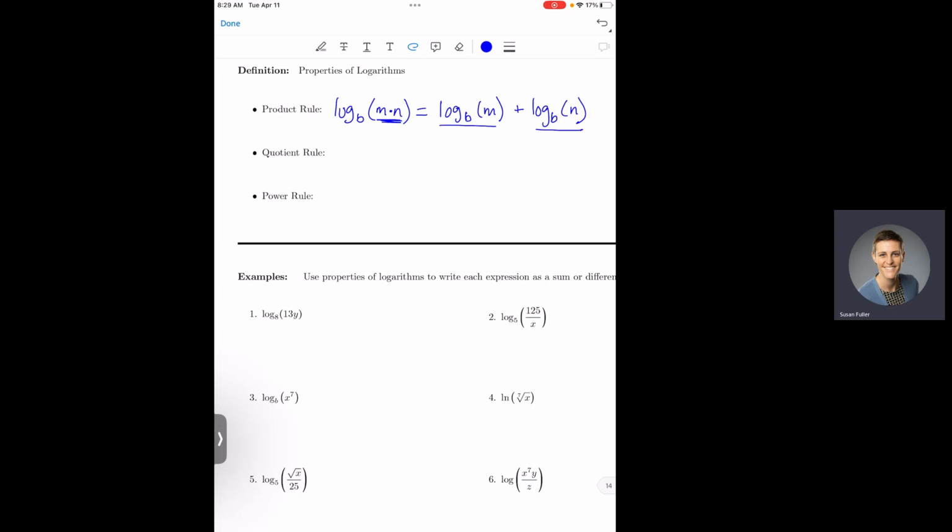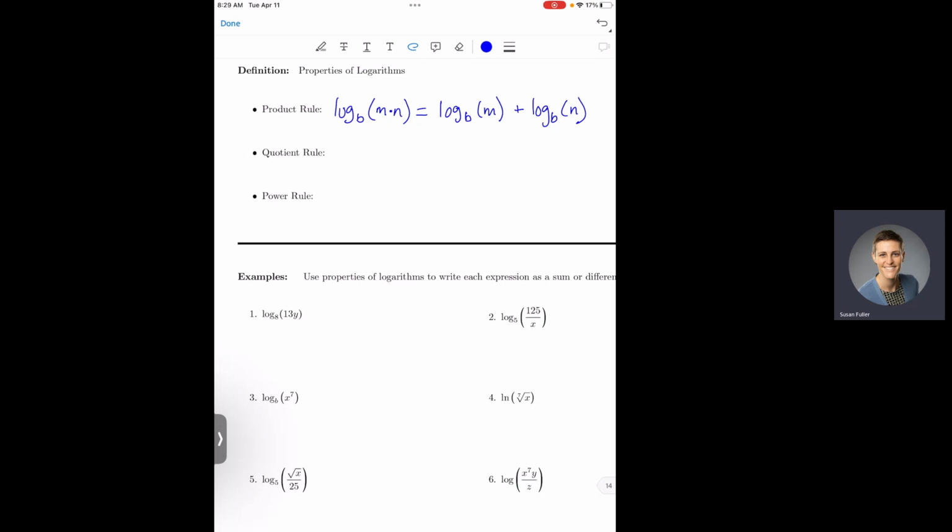And basically, the reason that this works, I don't want to get too far into it because I think that'll just be more confusing and it'll get us off track. But basically, if you multiply two things, you add their exponents. That's how this is all connected and why this property works, because at their core, logarithms are exponents.